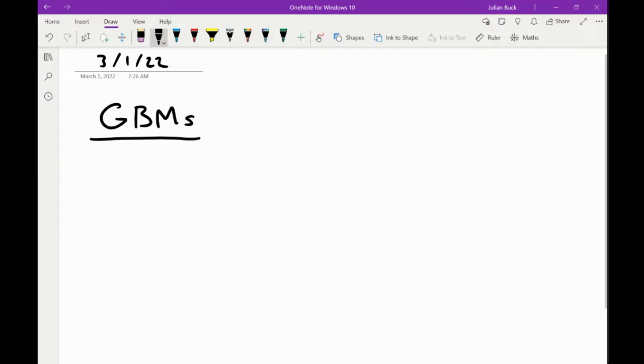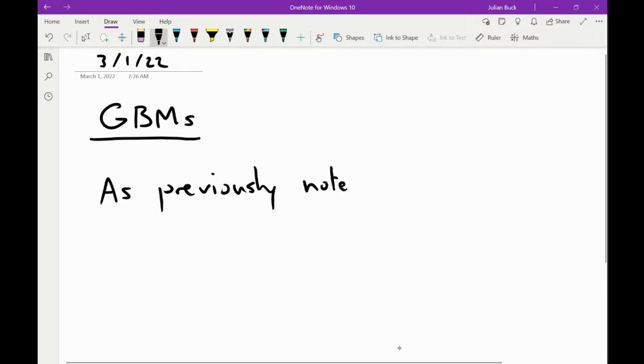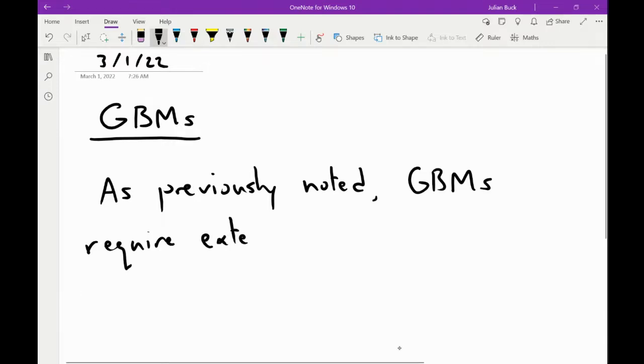All right, so before we do that, let's make an important observation that we ended off with last time. So as previously noted, and we'll see this today in some sense, gradient boosting machines require extensive hyperparameter tuning to perform optimally.